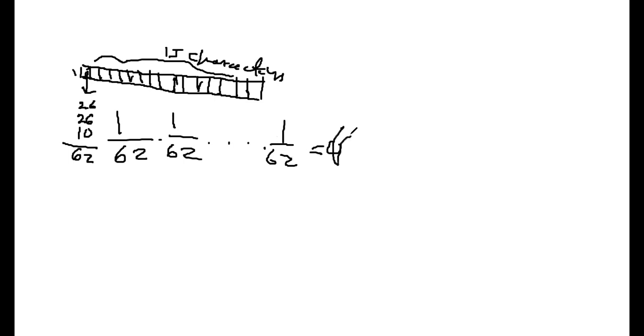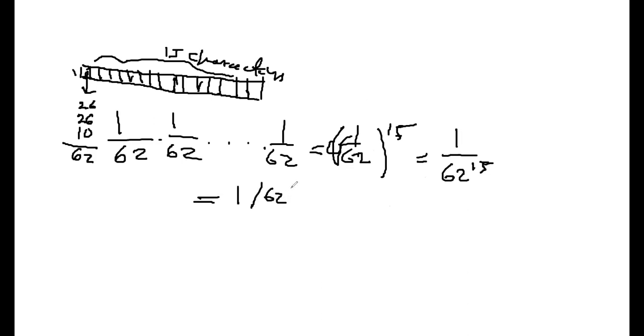So this is equal to 1 over 62 to the power of 15. Or if you want to type in your answer, you can type like this: 1 over 62 to the power of 15.